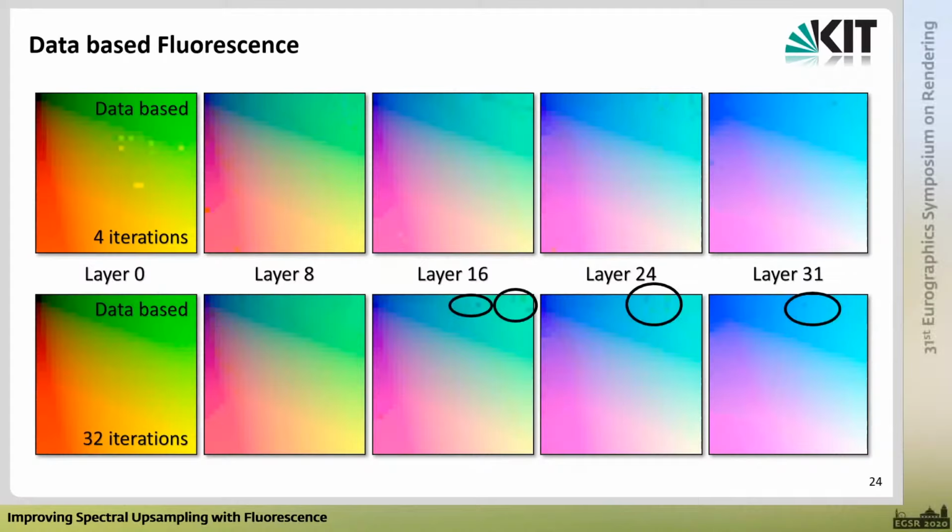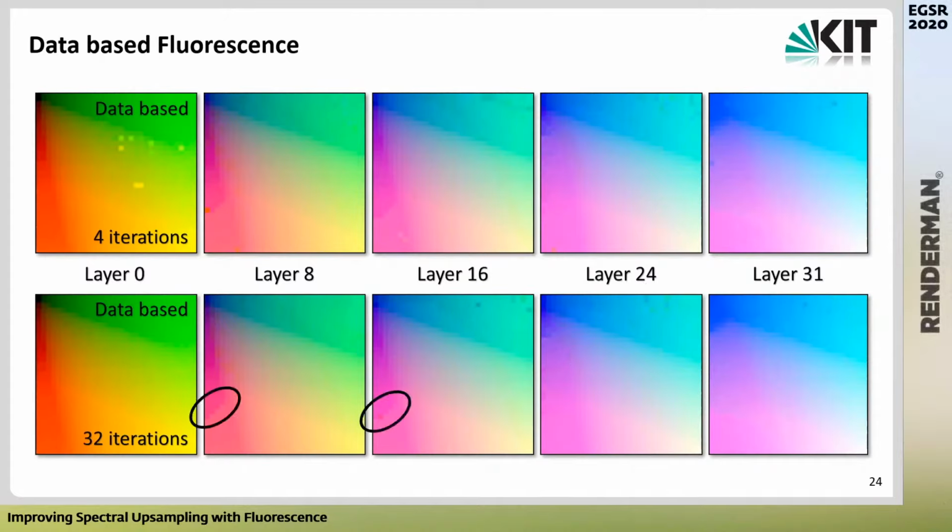However, some artifacts remain where the fit is still different from the target color, and some of those may actually disappear with even more iterations, because the optimizer also managed to find good fits for neighboring entries. However, some of these artifacts actually seem like they might be caused by some kind of transition issues where we transition between different types of fluorescent substances or spectrum shapes. And we have to admit that at the same iteration count, the analytical model does achieve a smoother solution.